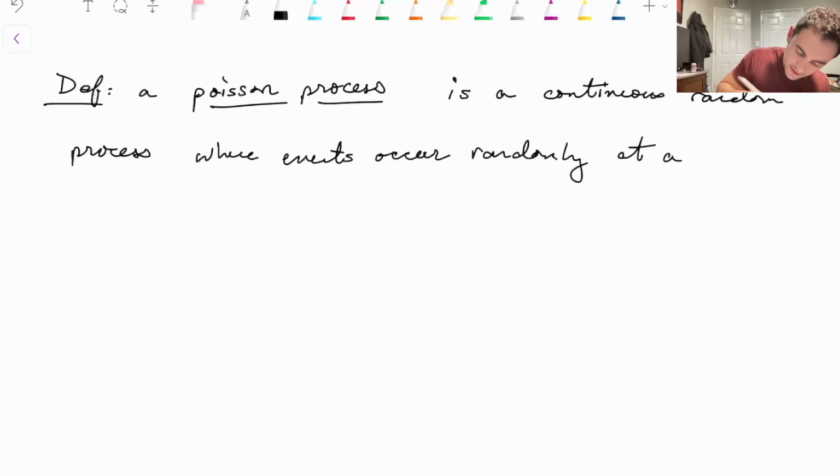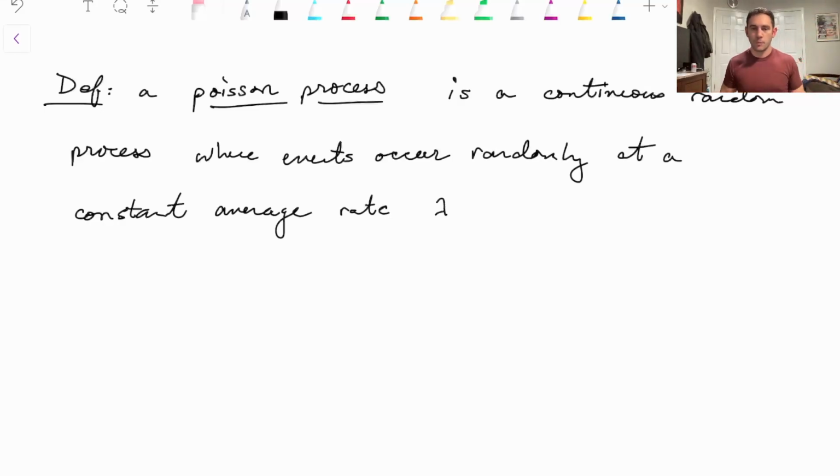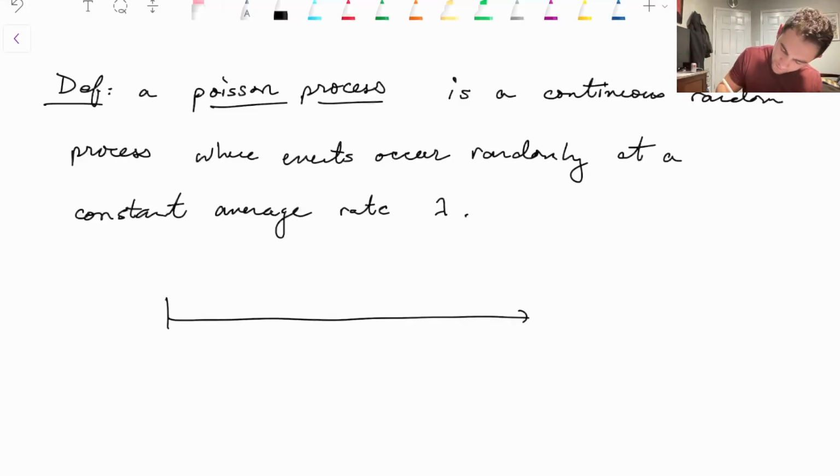at a constant average rate, lambda. So I'm imagining that I have some timeline t, and I imagine that maybe each of these time intervals represents days or months or years.